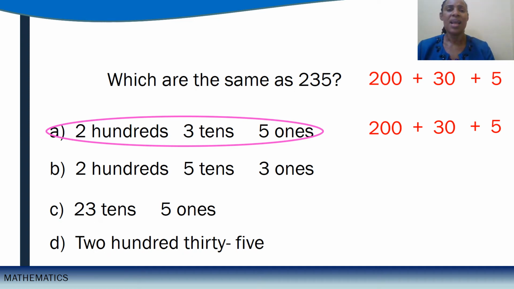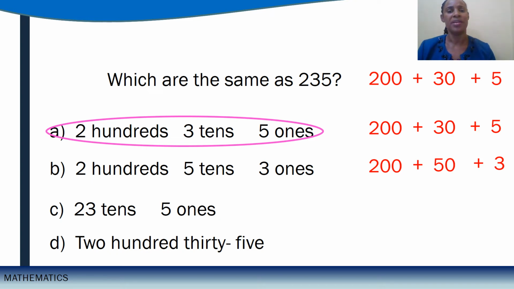Is B the same as 235? Okay, boys and girls, I hear you loud and clear. But first, let us check. Let us look at the value of 2 hundreds, 5 tens, and 3 ones. Did you say 2 hundreds, 5 tens, and 3 ones is the same as 200 added to 50 added to 3?